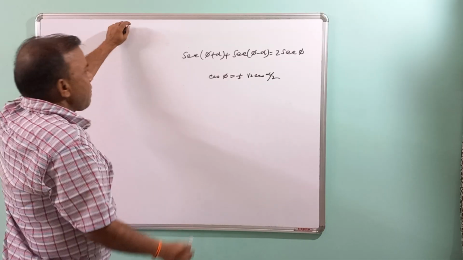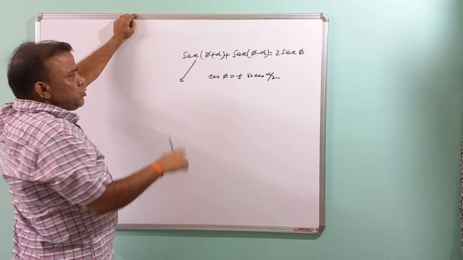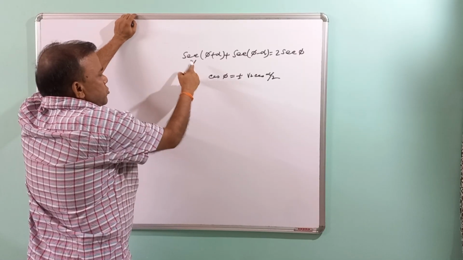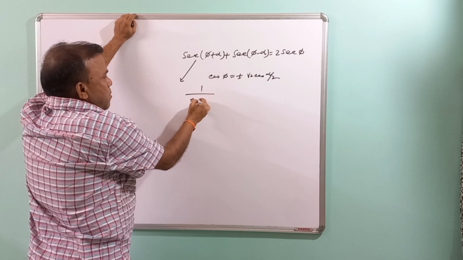Okay. First of all, we have to convert sec into cos. As we know that sec theta equals 1 by cos theta.